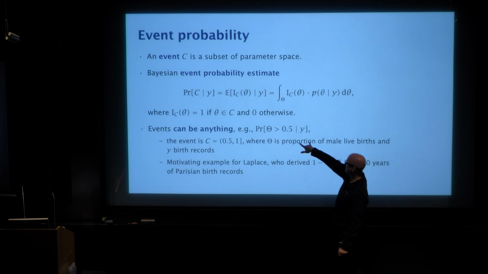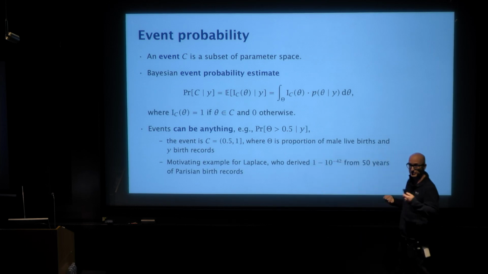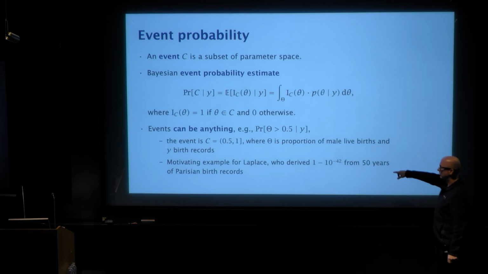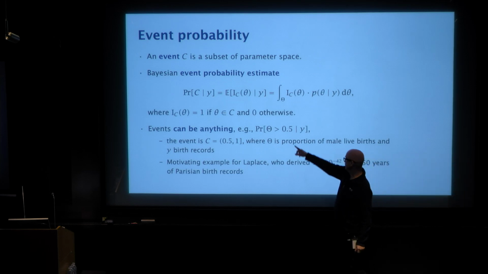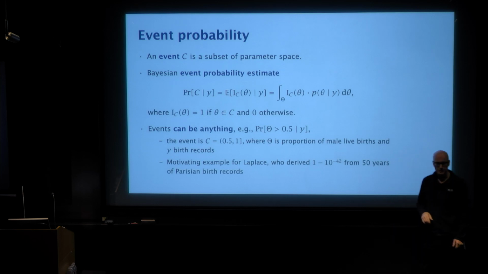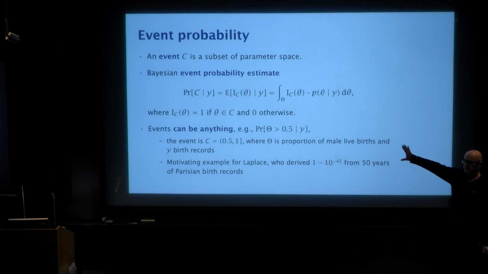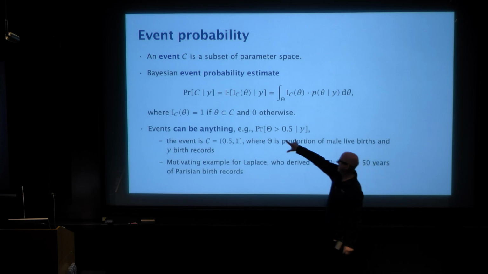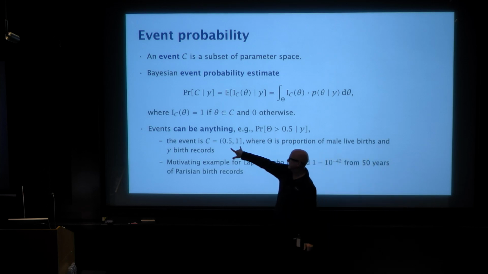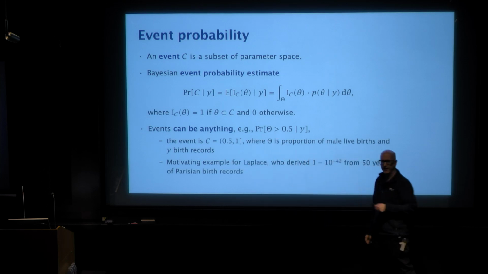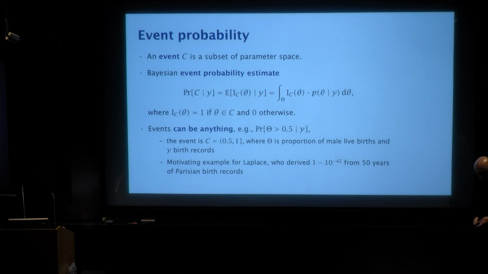He worked out this probability from a very simple model that just said every birth is independent with probability theta of being a boy. What Laplace derived was the answer to this was 1 minus 10 to the minus 42. In other words, 99 point, a whole lot of 9%. And he concluded he was morally certain that more boys were born than girls. But this is how you set that problem up. This is an event, theta greater than 0.5. The event is technically just the open interval from 0.5 to 1. So that's all event probabilities are in Bayes.